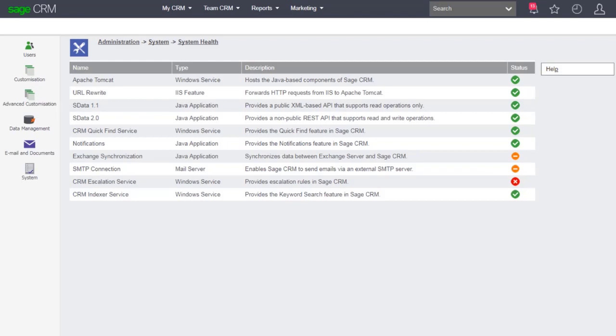It even includes services as well, so the CRM escalation service and the indexing service. So this is a tool inside Sage CRM which is attempting to make things easier for us.